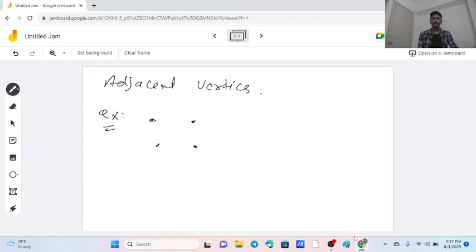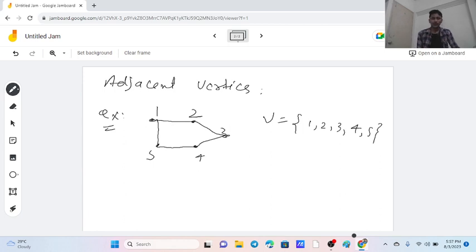Suppose this is our graph, and the set of vertices is 1, 2, 3, 4 and 5. The vertices 1 and 2 are adjacent because they are sharing an edge. Similarly 2 and 3 are adjacent, similarly 4 and 5 are adjacent, similarly 1 and 5 are adjacent to each other. Okay, so these are adjacent vertices.